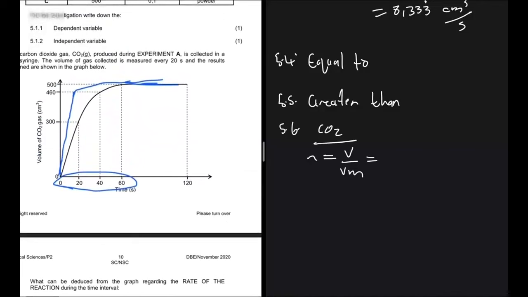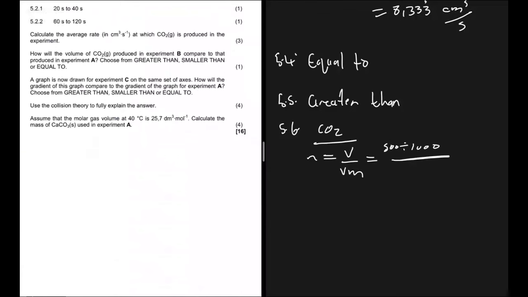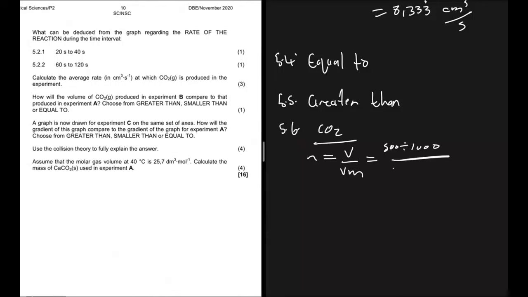Let's check. It's 500 centimeter cube, right? So we're going to say 500 divided by 1000, converting to decimeter cube, divided by 25.7, like we are told. So we have 0.5 divided by 25.7, which is equal to 0.01946 moles.